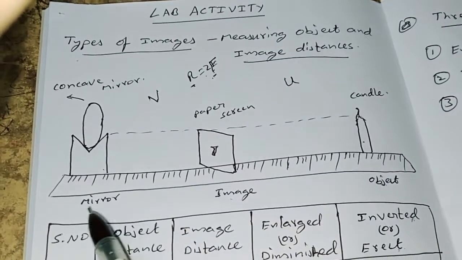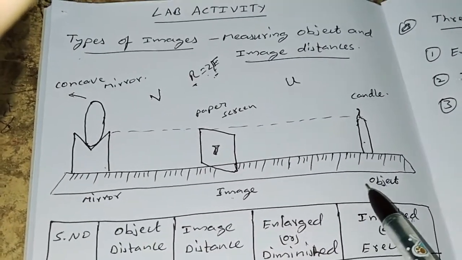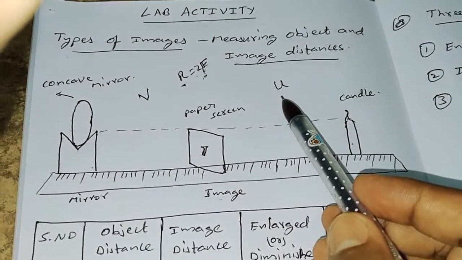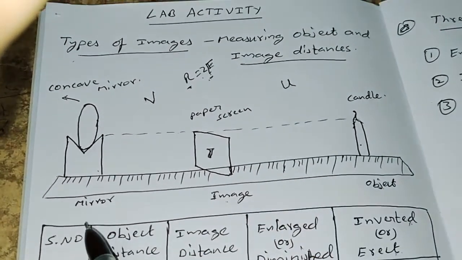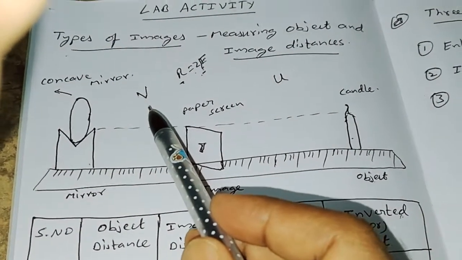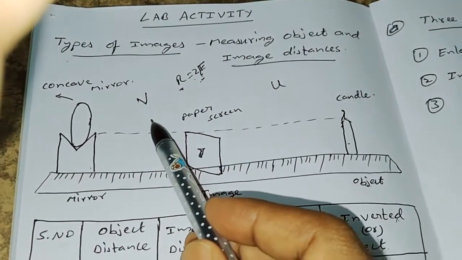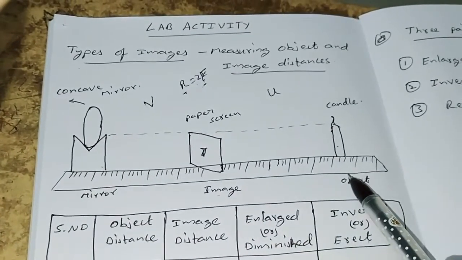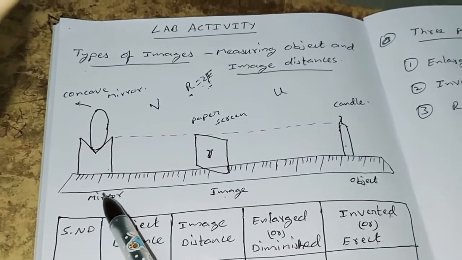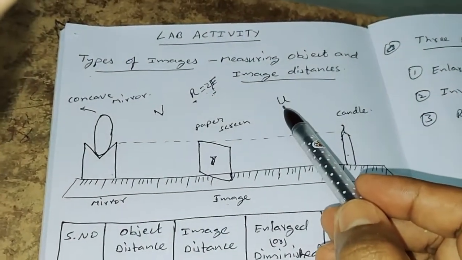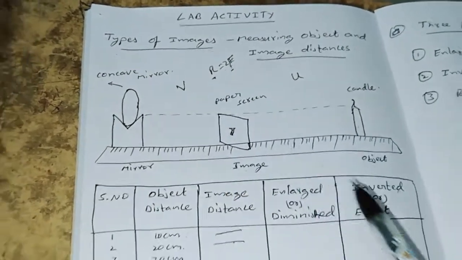Once again, the distance between mirror and object is the object distance, denoted by the letter U. And the distance between mirror and image is denoted by the letter V, that is called the image distance. So like this we can measure from here to here, that is the object distance value, and from here to here, that is the image distance value. So we can measure U and V values.